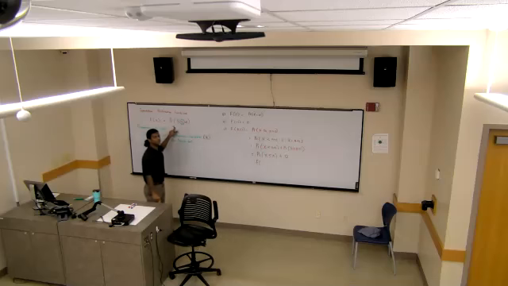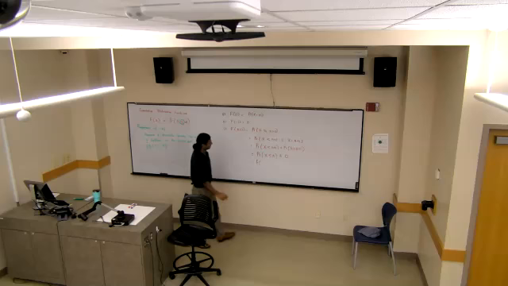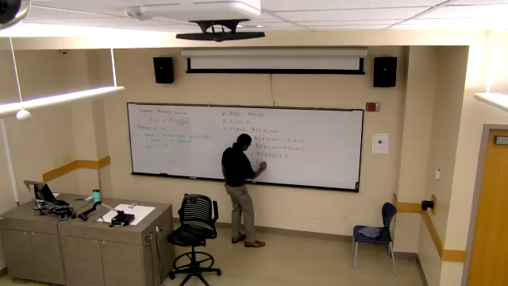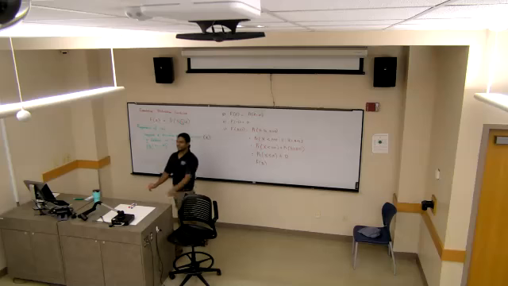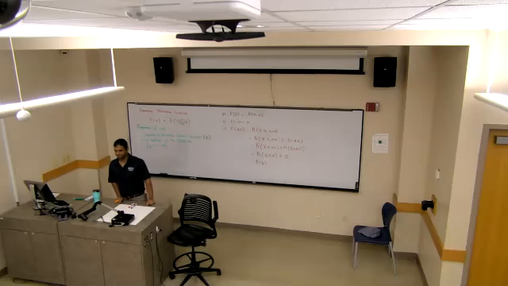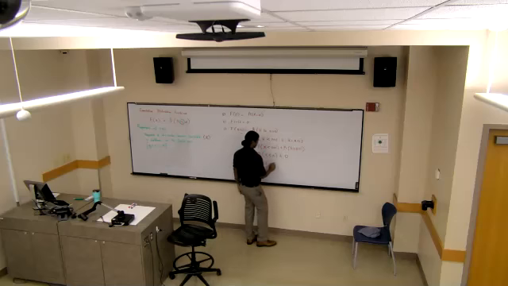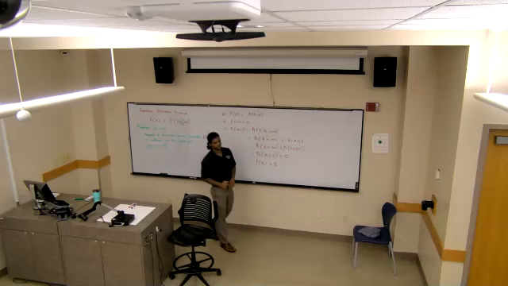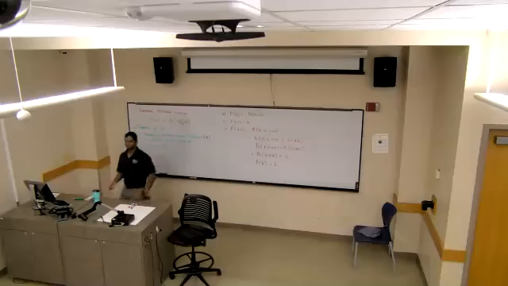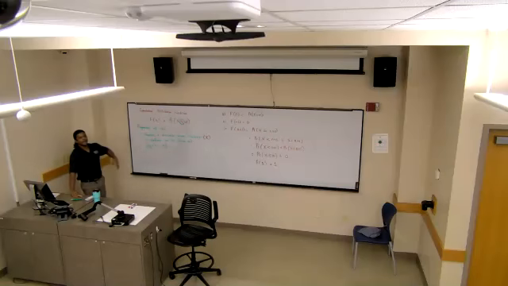In terms of our notation, this would simply become F of n. But what is F of n? 1. Good. So F of n plus 1 is 1.